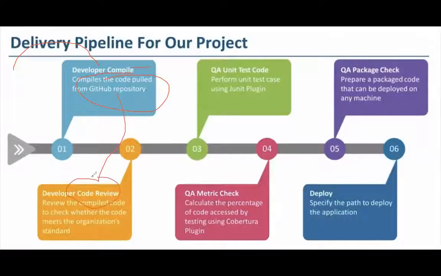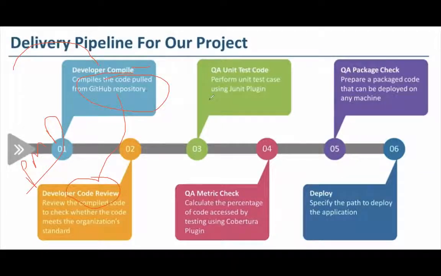The code review's responsibility is to analyze the code, which is PMD, programmer mistake detector. Is there any syntax error, how many classes they created, any special characters or any indentation issues? So it's going to understand that.